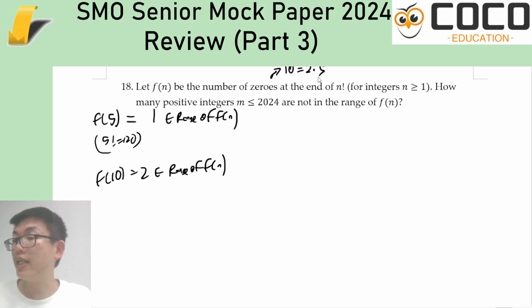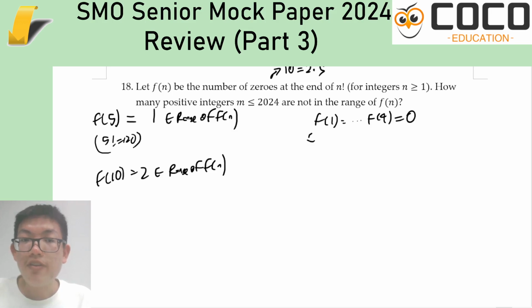And because the 5's are the quote-unquote limiting factor, limiting reagent, for those of you who have just done your chemistry test, you are going to get a jump only at the multiples of 5. So f of 1 to 4 are equal to 0. Then f of 5 up to f of 9 will be equal to 1. f of 10 up to f of 14.